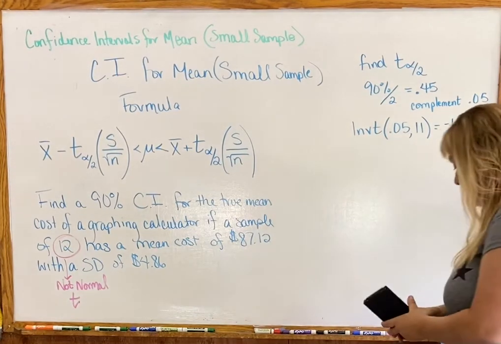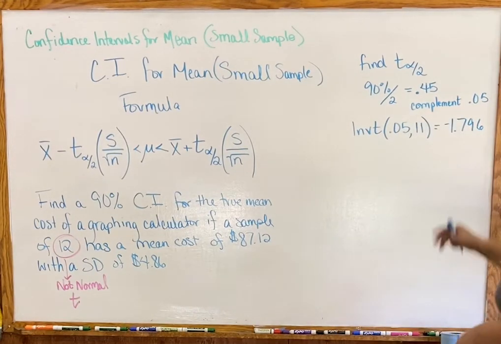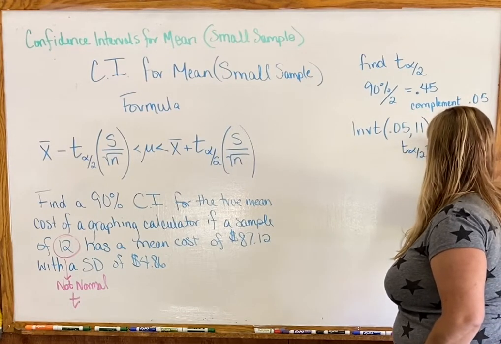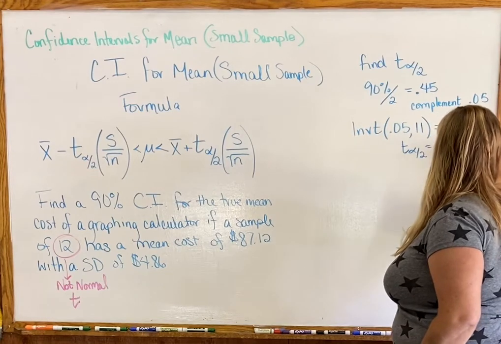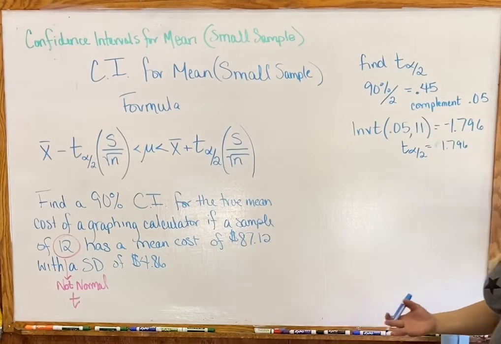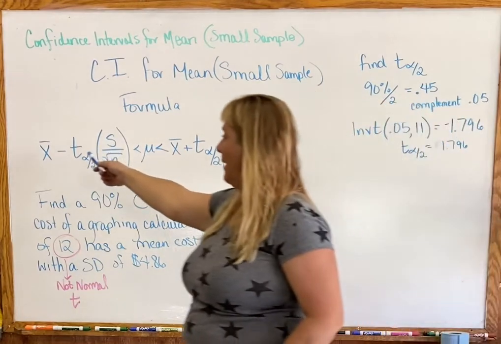How does that look to everybody? Remember, that's going to be our t sub alpha over 2. We don't need the negative, so just 1.796. It's tempting to write down the negative because that's what the calculator spit out, but you can just put the number. We don't care about the negative.